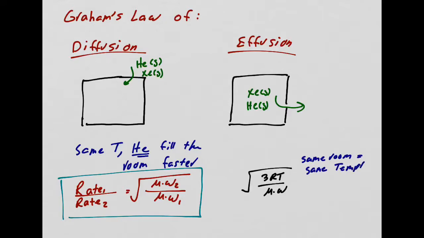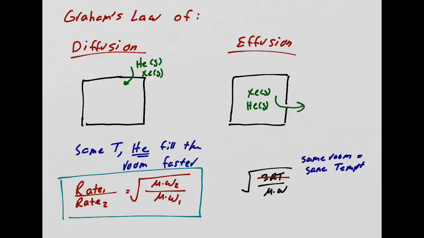If both gases are in the same room, that means you're going to have the same temperature. So the temperature goes away and R is a constant, so that goes away. So now when we compare two gases, the only thing that matters is the molecular weight.